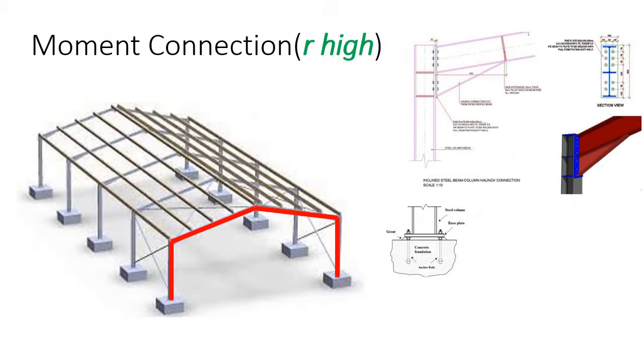So consider this particular steel structure. Here the frame that is marked in red color is a moment connected frame. In a moment connected frame, you can see these are the flange and this is the base. The bolts have been placed outside of the flange.